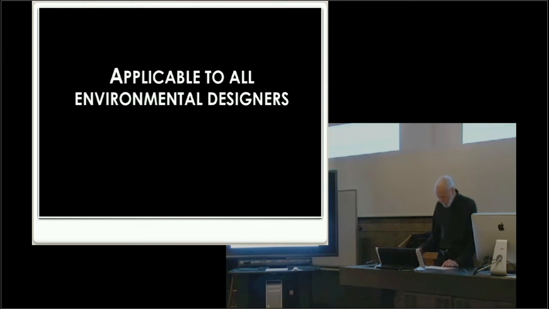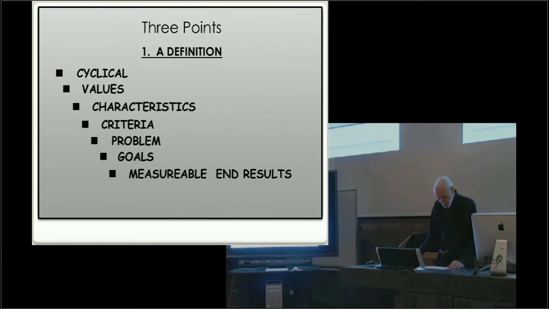First, a definition of design process. I see it as an ongoing cyclical endeavor in which the designer applies an array of values to identify suitable and unsuitable characteristics of various objective and subjective criteria related to a given problem that will lead to measurable and creative end results in response to defined anticipated goals.